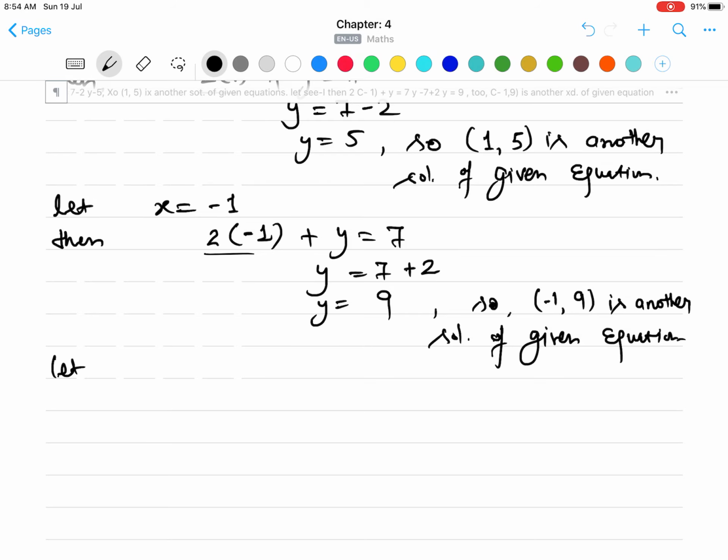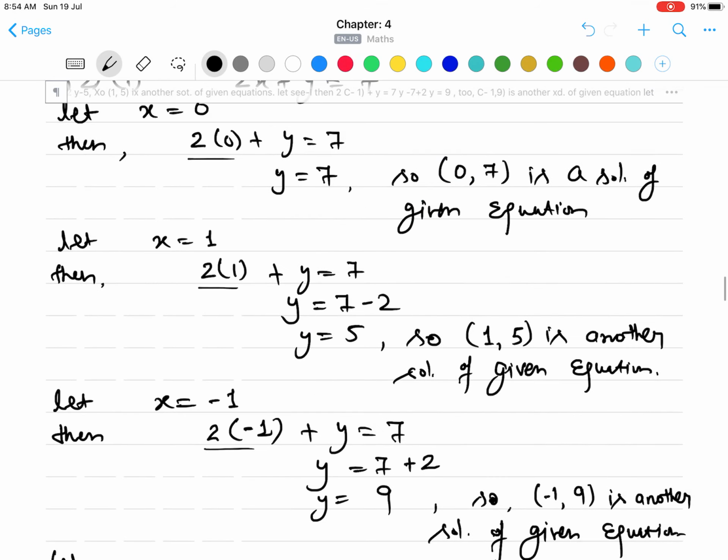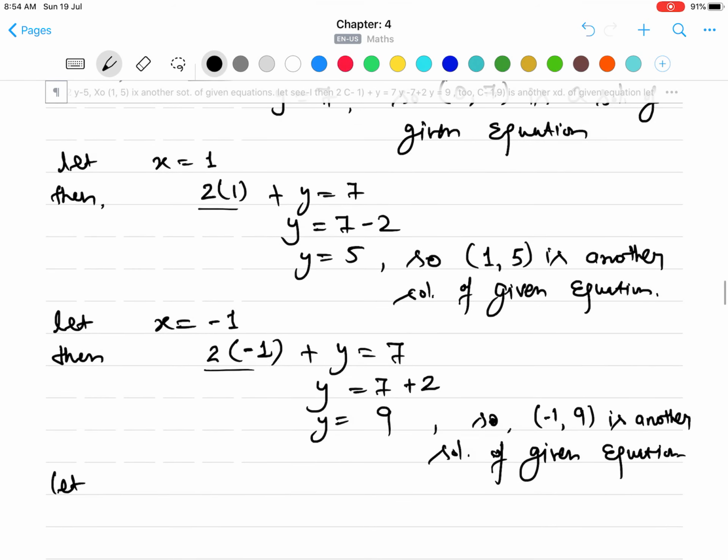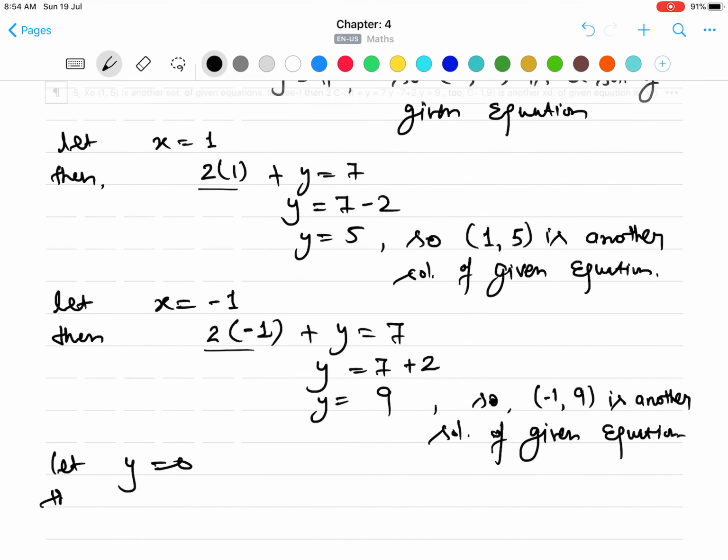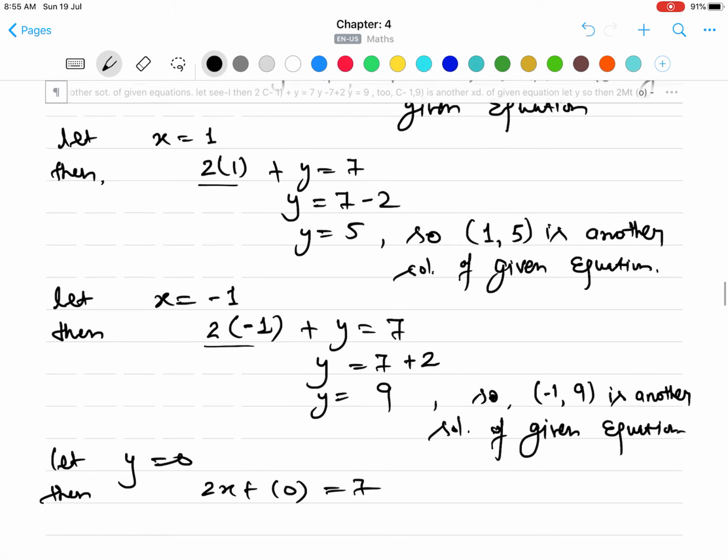We can choose any value for x or y. Let's take this time any value for y. So let's take y equal to 0. Let y equal to 0. Then the equation will become 2x plus y, in place of y we'll write 0, equal to 7.